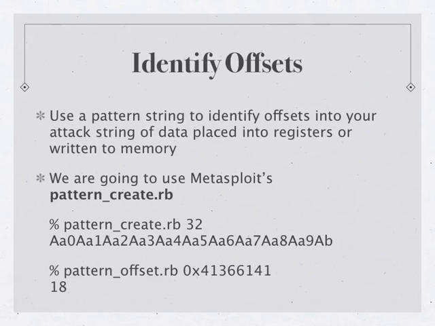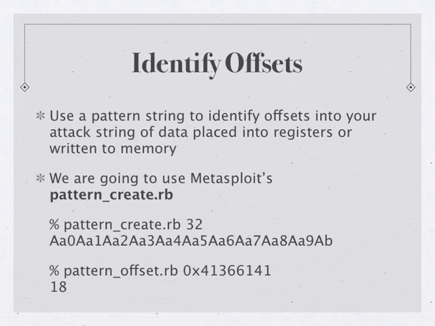What this means is that when we get any of these 4 bytes in a memory address or in a register, we can algorithmically find out the offset into that string where it came from. The two tools to do that are pattern create and pattern offset. For instance, we use pattern create to create a string, and we give it a length.